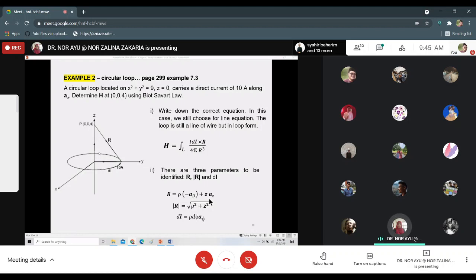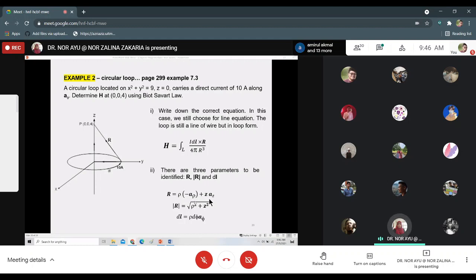So because of that, your R will start from here towards the origin, so it will be negative rho in the rho direction, plus z because it is going up. It is going upwards, so it will be z. If it goes down, it will be negative z. So from here towards the origin, it will be negative rho plus z, because it goes up.